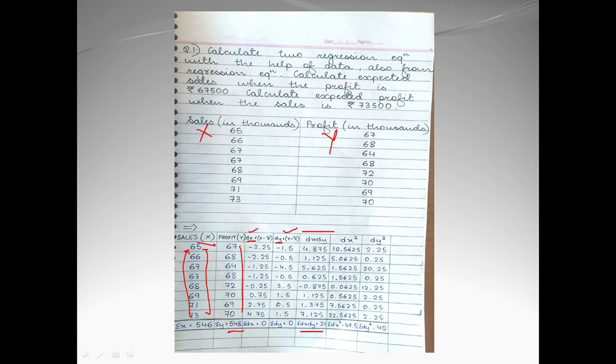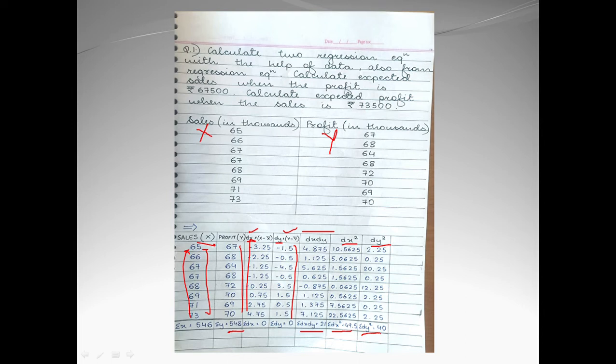Moving on, we have calculated dx square and dy square, and we calculated it by just squaring these numbers. By doing so we got the dx square and the dy square, and also we calculated the summation of these both series.